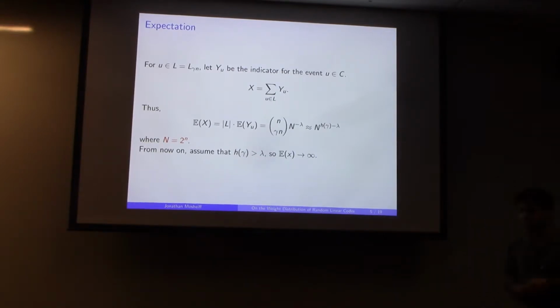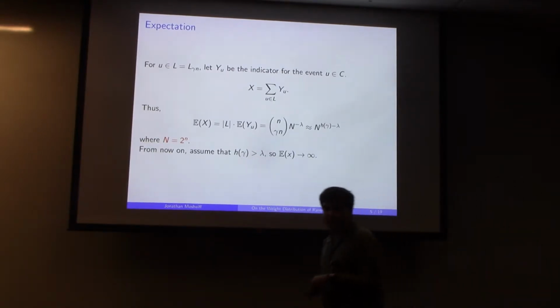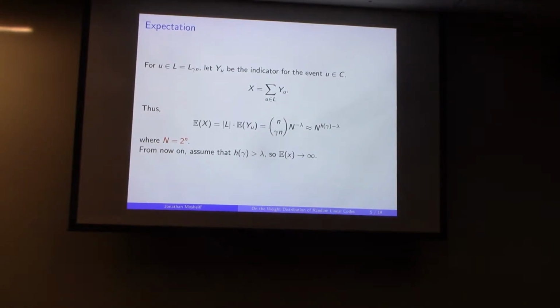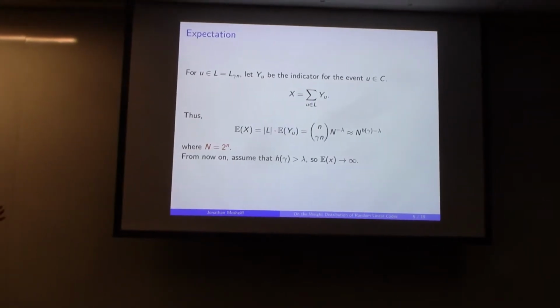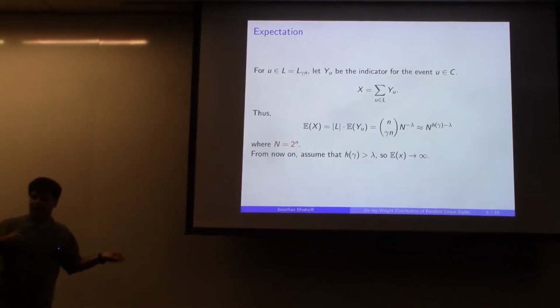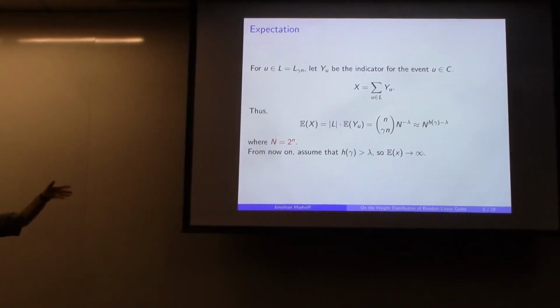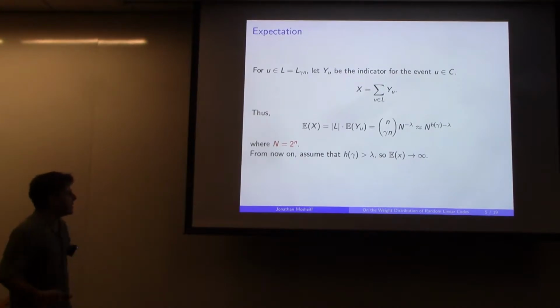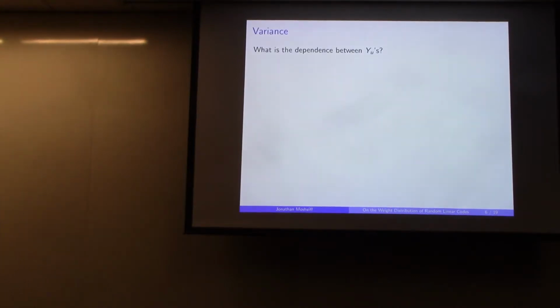So we're going to focus right now on the case where the expectation goes to infinity. After my work with Venkat yesterday, I can tell you the behavior is dramatically different between these two cases, and I think the richer case is probably the one where H of gamma is larger than lambda, and then the expectation goes to infinity. So that's what we're going to assume from now.